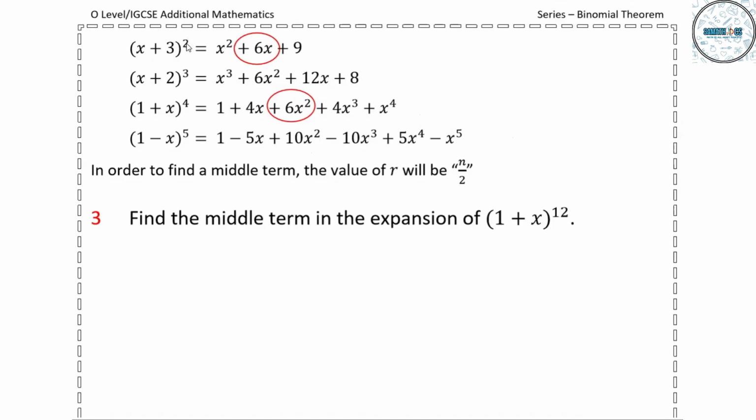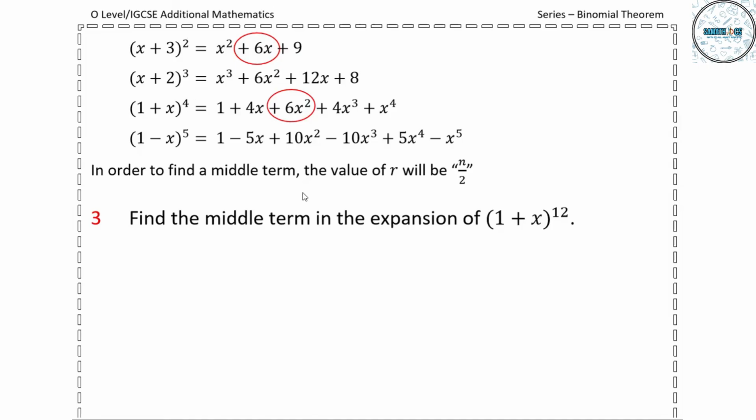When the power is 2, there are 3 terms and there is a middle term, which is 6x. When the power is 3, there are 4 terms, so there is no middle term. (1 + x)^4 has 5 terms, and 6x^2 is the middle term. When the power is 5, there is no middle term. A middle term is only possible when the power is even.